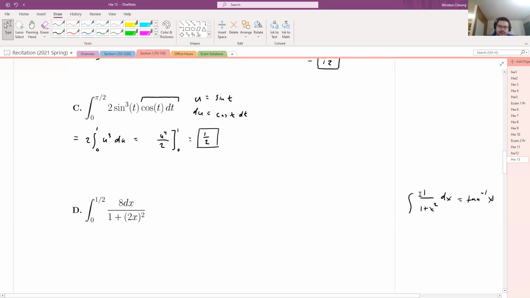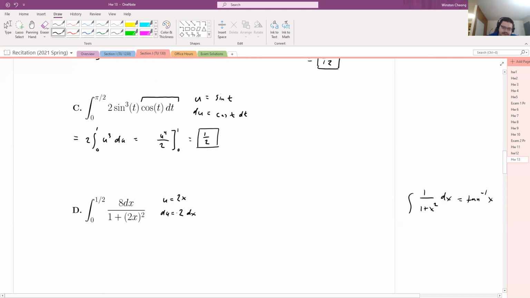And so really, our aim is to make this look as close to this function as possible. And that will tip you off on what the u sub should be in this case. You want the 2x to convert to become just what? A variable. So you want 2x to be u. And then du is going to be 2 dx.